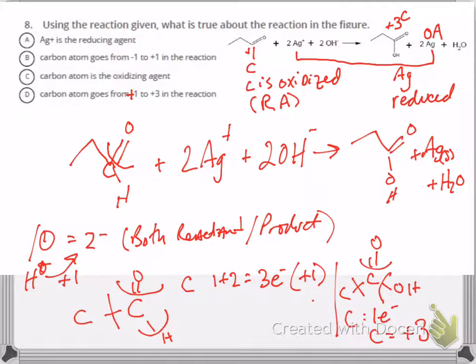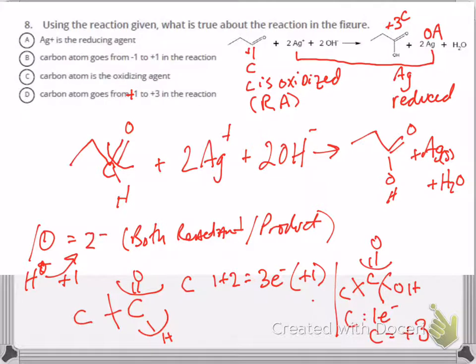And so if carbon is being oxidized, the other substance must be reduced. That's why carbon would be considered a reducing agent. It's the agent that causes the reduction. Silver is reduced, so it's the agent causing the oxidation on carbon. Okay, so with that answer, carbon is the reducing agent, but silver is the oxidizing agent.